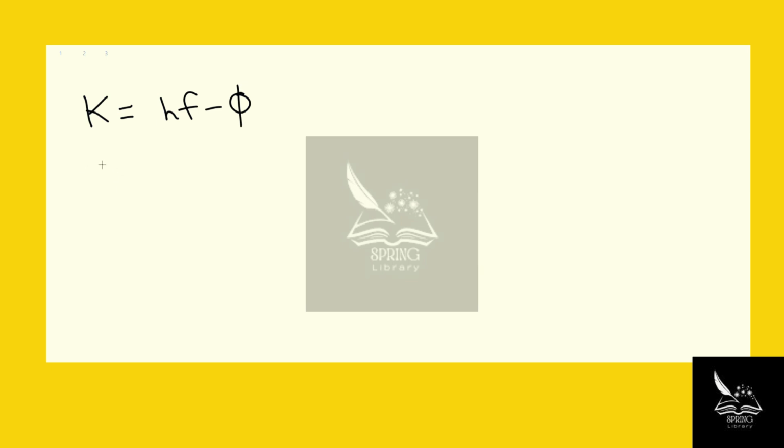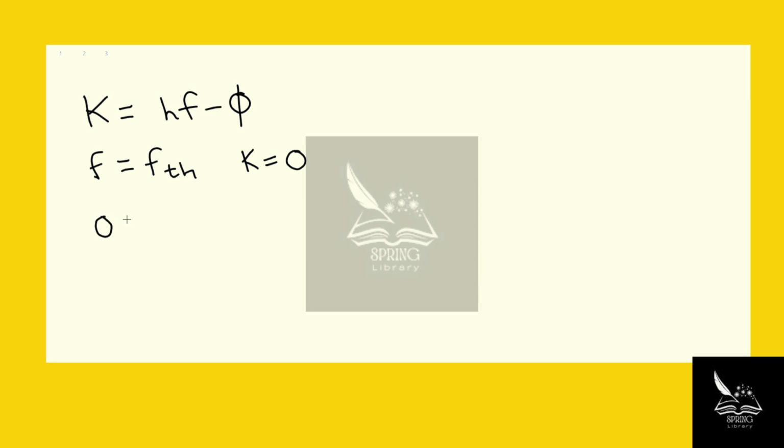Now, if we're at the very threshold, in other words, the frequency is equal to its threshold frequency. So if we're at the very minimum possible energy of light to emit a photoelectron, we can say that the kinetic energy of that photoelectron will be zero, because there'll be nothing left after ejecting the electron. There'll be nothing left to give to its kinetic energy.